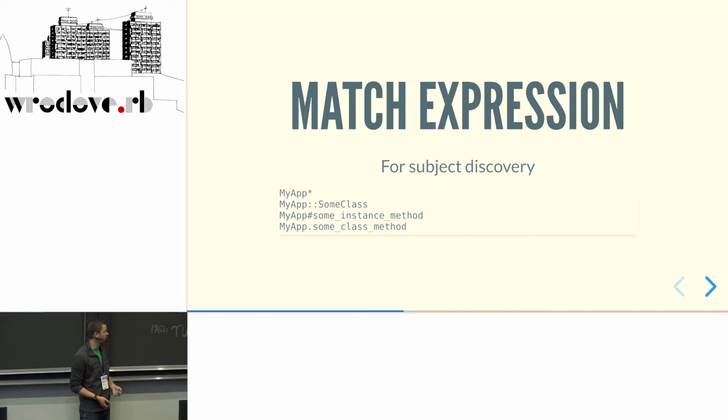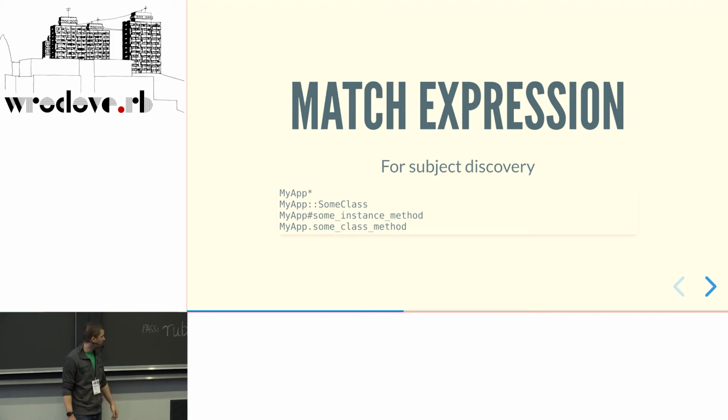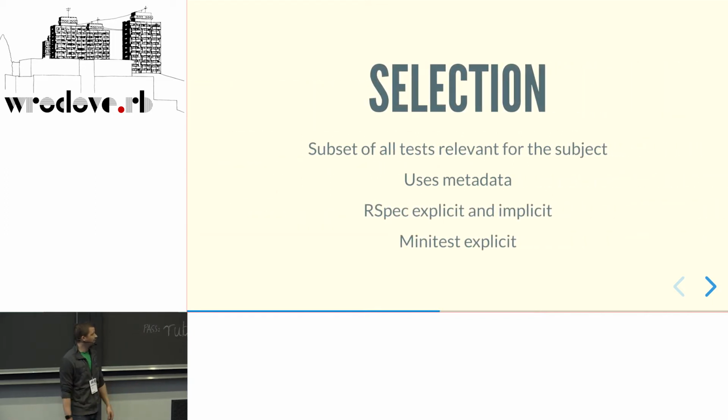The second match expression just scopes the engine to work on subjects within some class, instance methods and singleton methods. The third match expression specifies to only work with a specific instance method, and this fourth one goes with a specific singleton method. Okay, the next thing I made up is the term selection. Selection is a process to find corresponding tests to your subject.